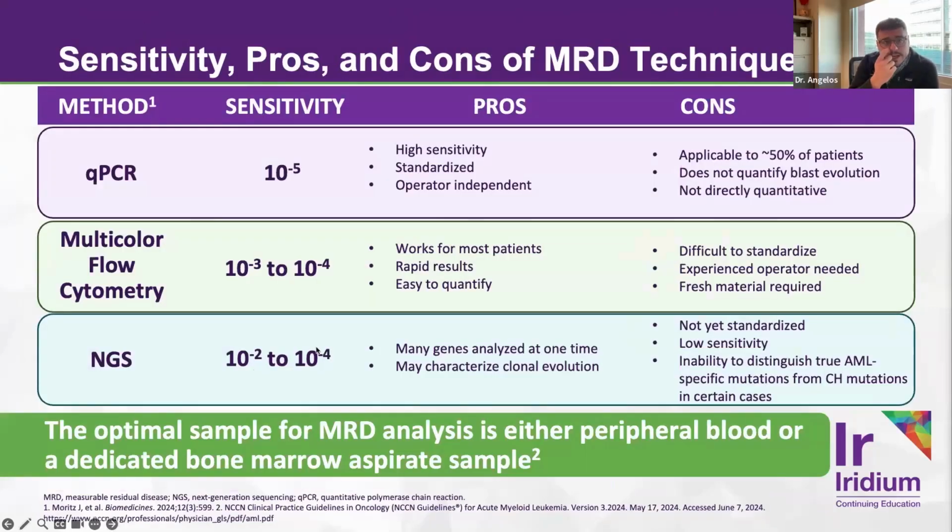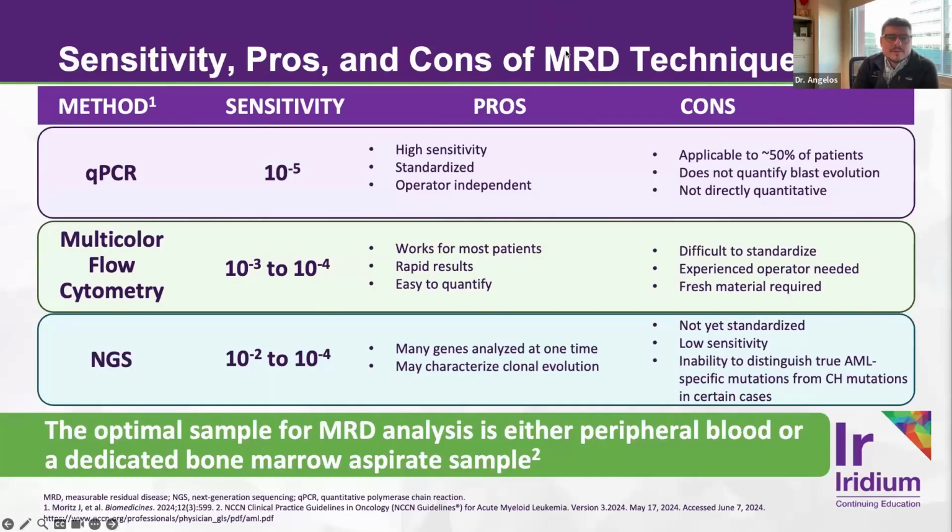In terms of the types of testing that we use, it's important to remember that there's various levels of sensitivity for each of these tests. And this is particularly important when we're starting to consider the definition of this type of remission that we hope to get patients into, which is called an MRD negative remission.